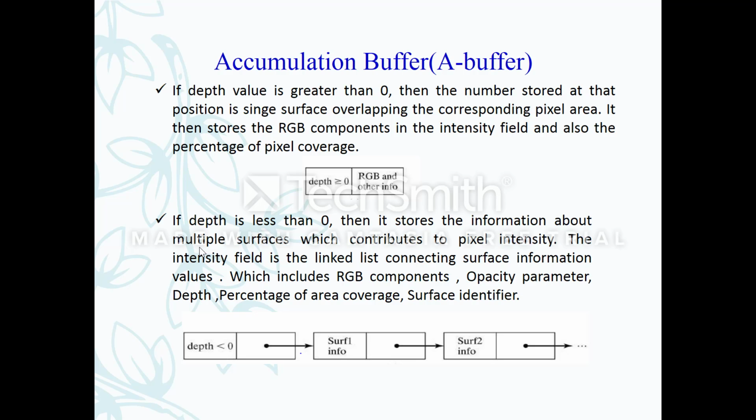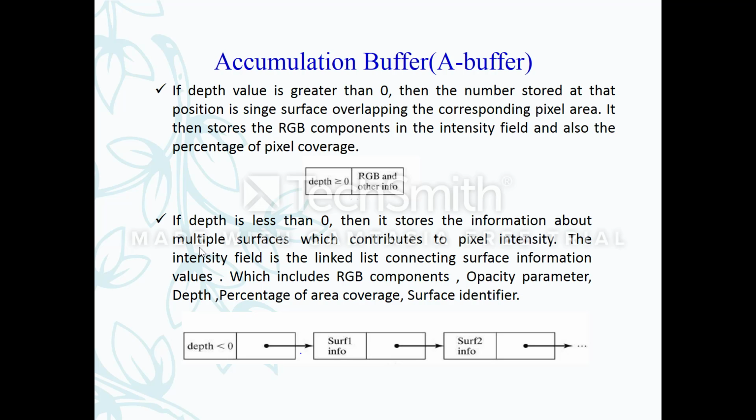If the depth value is greater than 0, then the number is stored at the position for a single surface overlapping the corresponding pixel area. It then stores the RGB component in the intensity field and also the percentage of pixel coverage. If depth is less than 0, it stores the information about the multiple surfaces which contribute to pixel intensity. The intensity field is a linked list connecting surface information values, which includes RGB components, opacity parameters, depth, percentage of area coverage, surface area, etc.